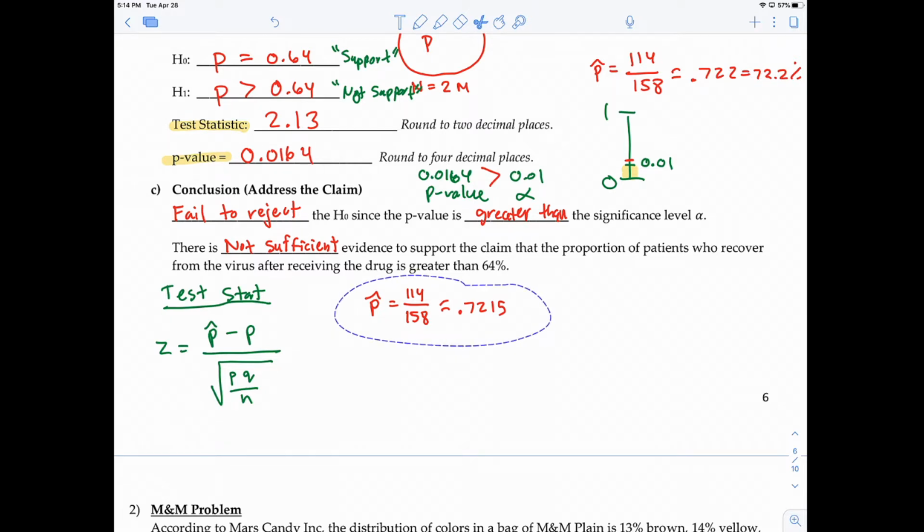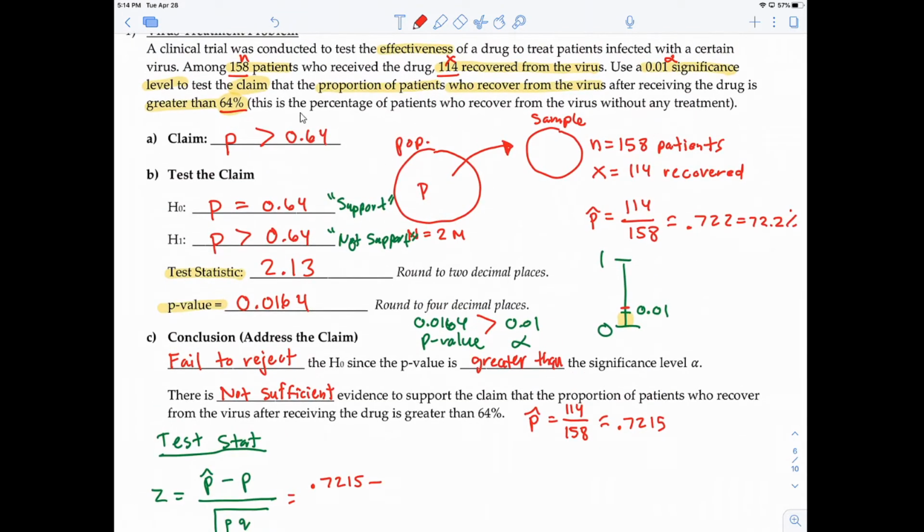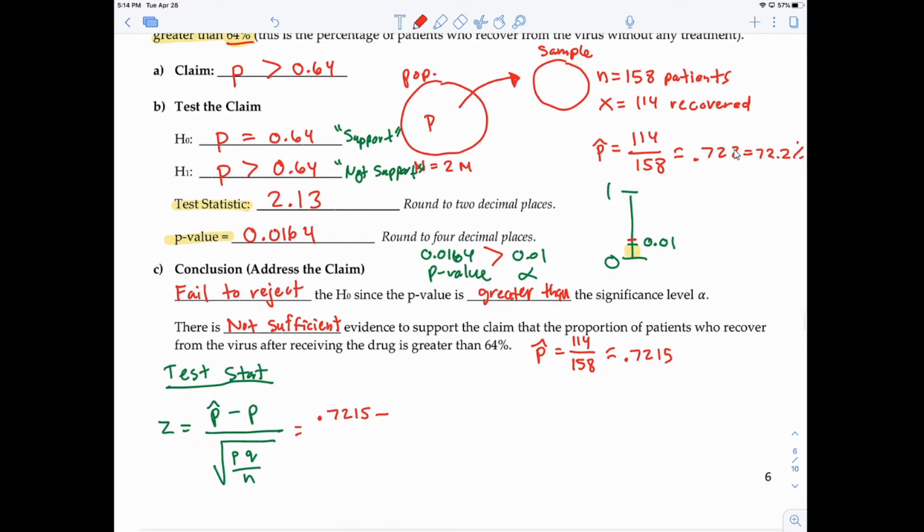I'm going to move this over here just so I have space. So that's going to be 0.7215 minus p. P is always a value that's in the claim. In this case, the claim has p equal to 0.64, so we're going to use that. Then we divide by the square root of p, which is 0.64, times q.